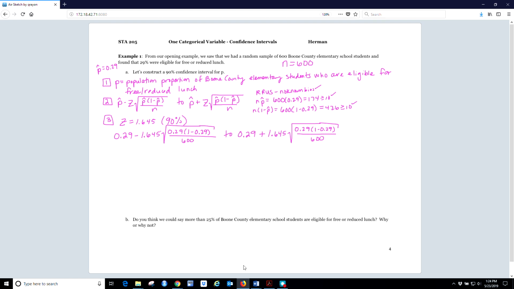So the first thing I'm going to do is my power. So I'm going to do this square root piece that I have here. I'm going to leave everything else the same. And it's good to carry lots of decimals until the very end. So our standard error, that square root piece, is 0.018525. Notice it's the same number over here on the other side. There's no sense in doing the calculation twice because it's the same thing.